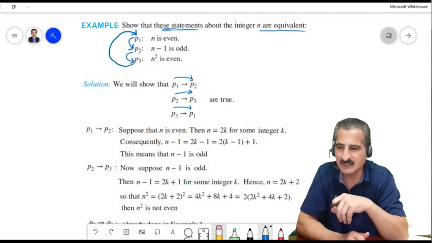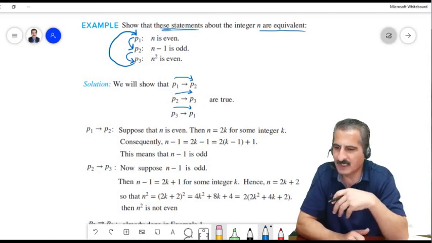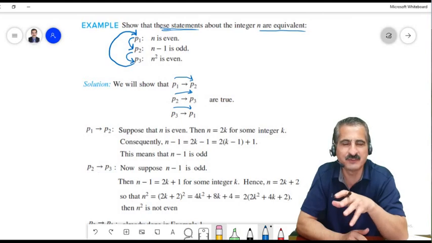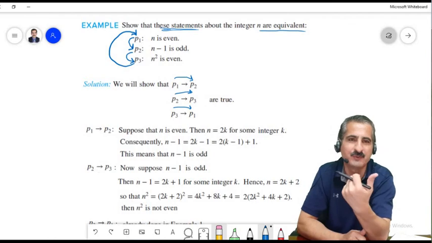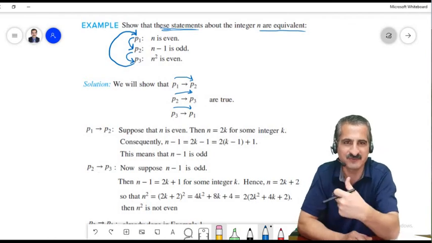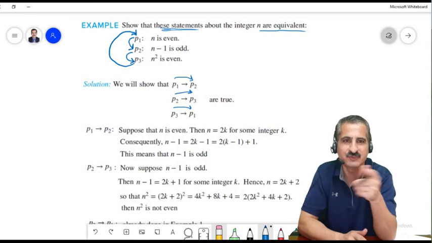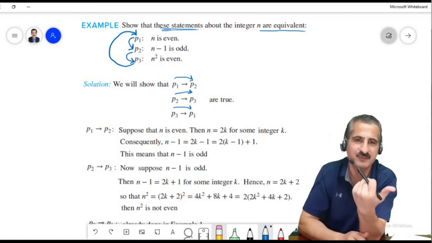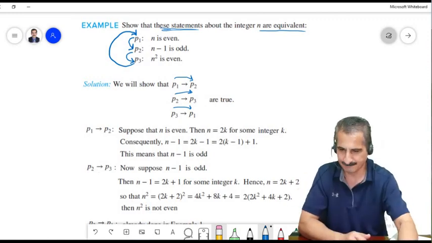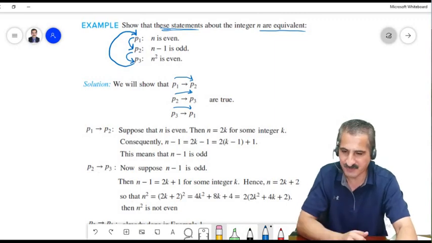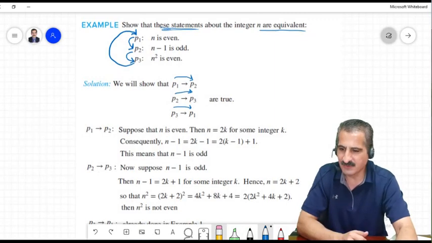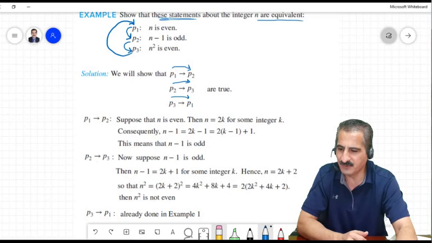Okay? So we are saying here P1 is equivalent to P2 is equivalent to P3. So that means P1 is equivalent to P3. So does P1 give P3? We say yes. We prove P1 gives P2, P2 gives P3, and that means P1 gives P3. Okay. And P3 gives P1 the opposite way.